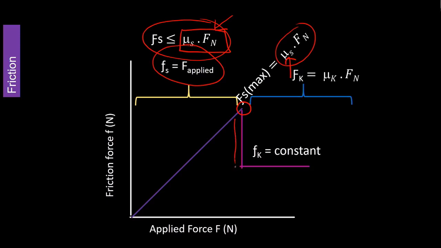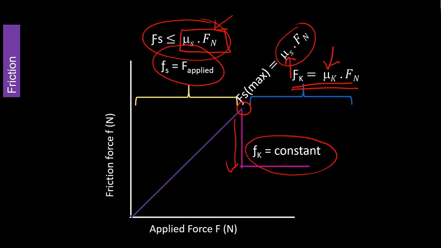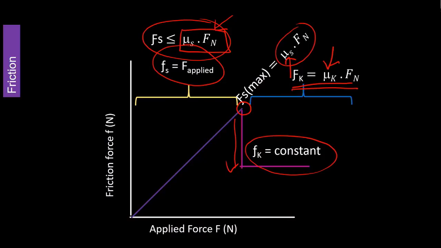There's a drop there, you can see. Kinetic friction is constant. And here we have the same relationship. They are both directly proportional to the normal force, but we now have a coefficient so that we can use this relationship to calculate things. And so kinetic friction is equal to the coefficient of kinetic friction times the normal force.